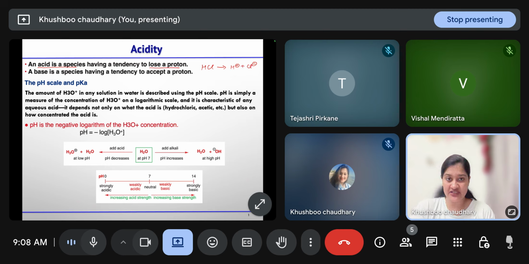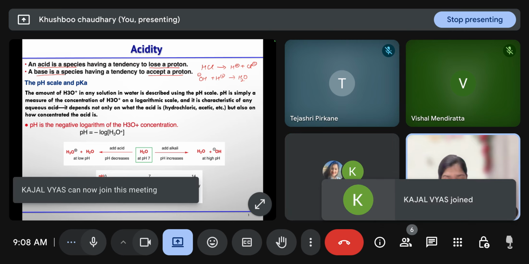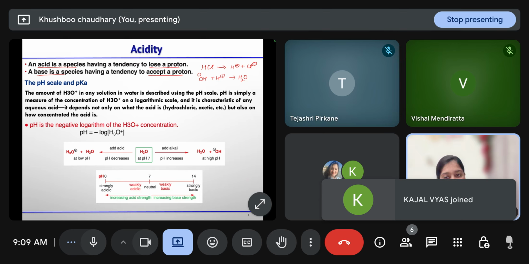So any species that has a tendency to lose a proton will act as an acid. And a base is a species that has a tendency to accept a proton. For example, hydroxide ion on accepting a proton will form water. So this can act as a base.